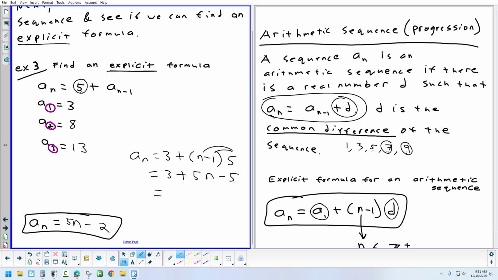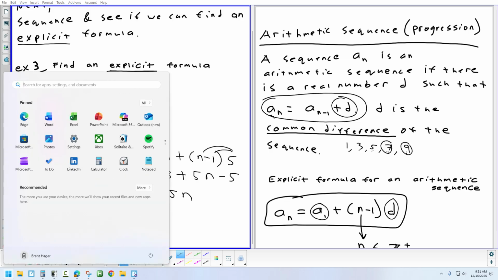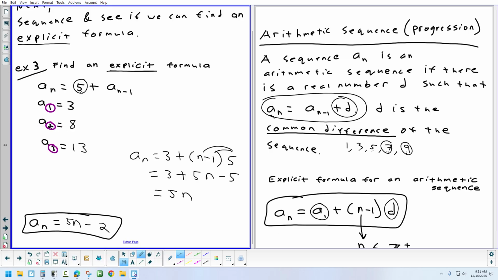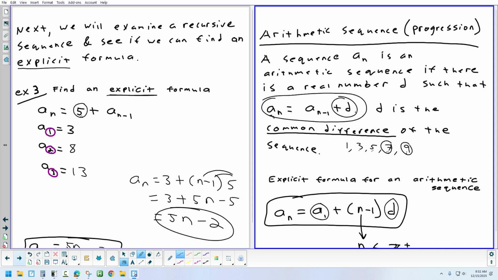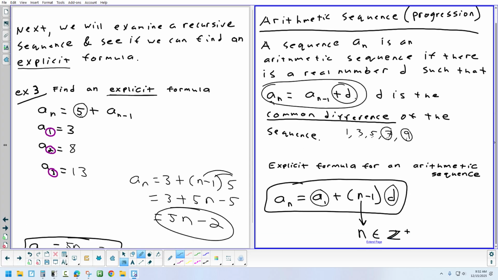So we have 5n, and then what's 3 minus 5? Negative 2. There you go. 5n minus 2, and that's exactly what we got. So now we've got a way to figure that formula out without having to guess.